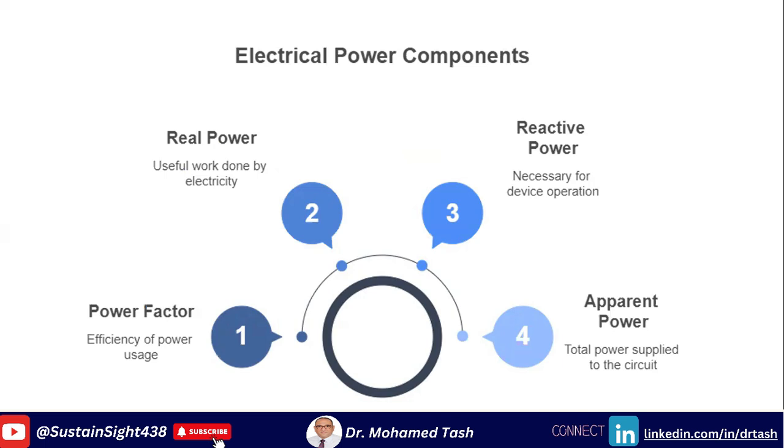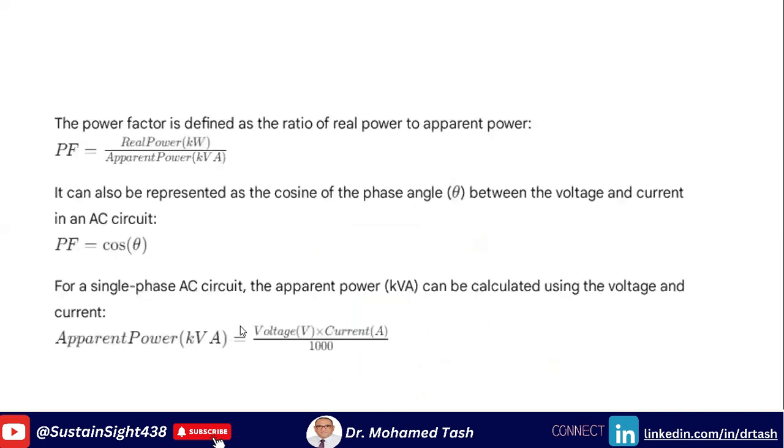Real power, measured in kilowatts, which does useful work, and reactive power, measured in kilovolt amperes reactive, kVAR, which is necessary for the operation of devices like motors and transformers, but does not do work. The apparent power, measured in kilovolt amperes, kVA, is the total power supplied to the circuit, which is the vector sum of real and reactive power.